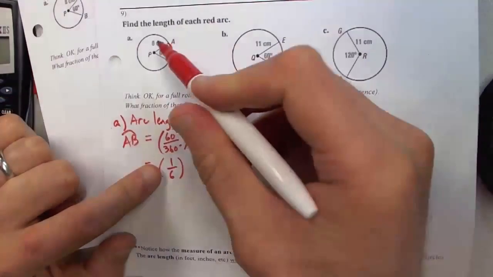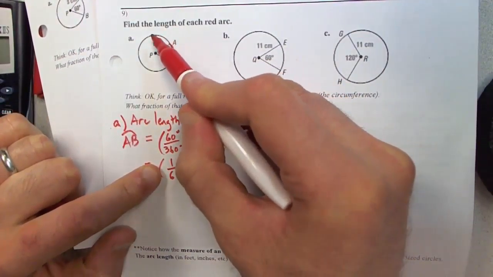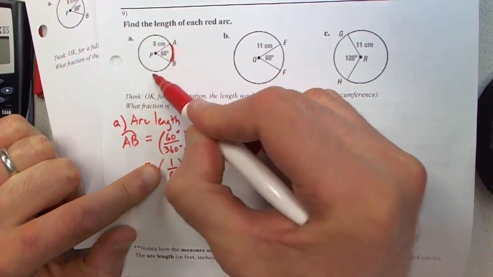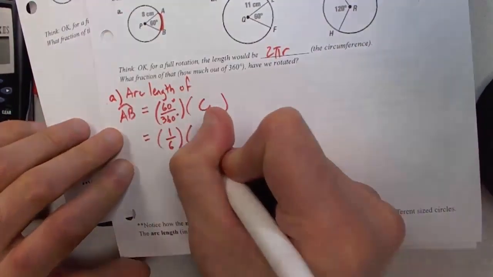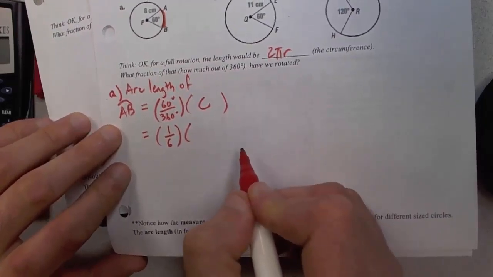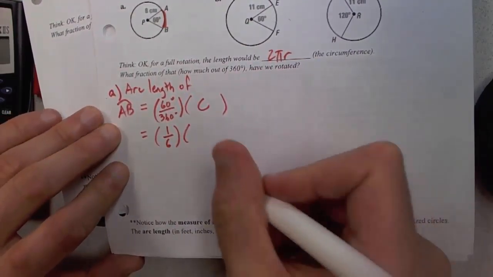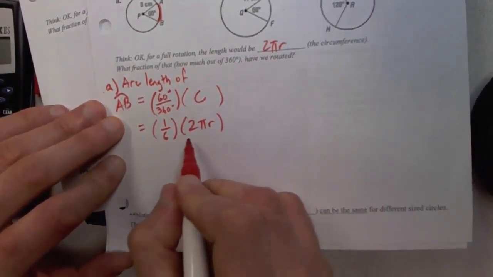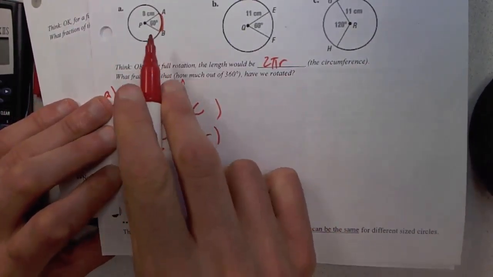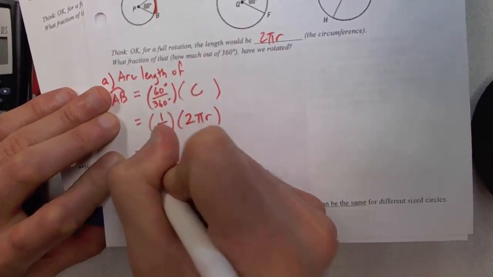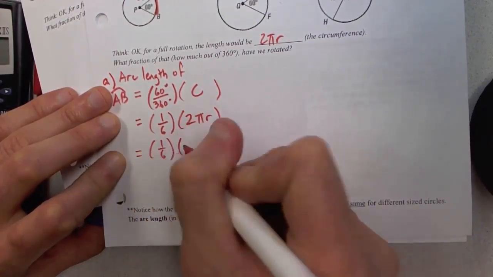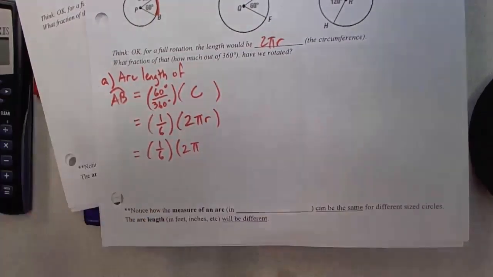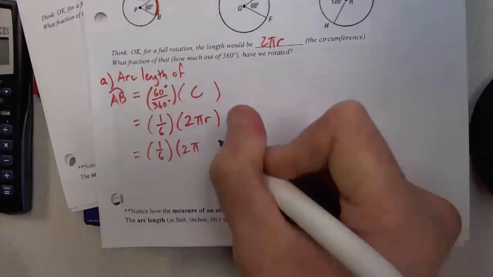And that kind of makes sense if you look at that. There's about 6 of these in the whole circle, so I'm 1/6 of the way around the whole circumference. Right? How do I find the circumference? Again, I can use 2 pi r or diameter times pi. I'm going to use 2 pi r. And so my radius is 8 centimeters. So it's 1/6 of 2 pi times 8.